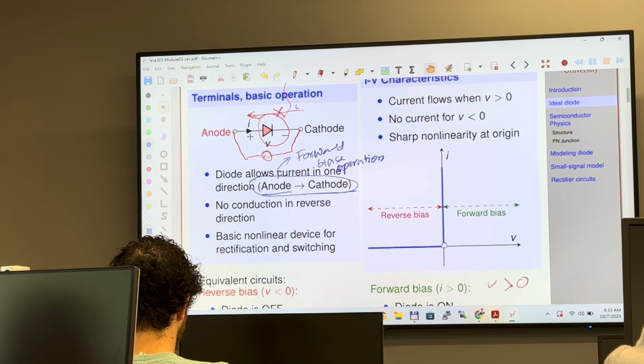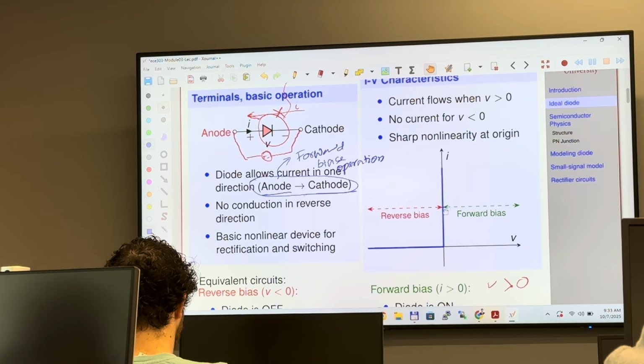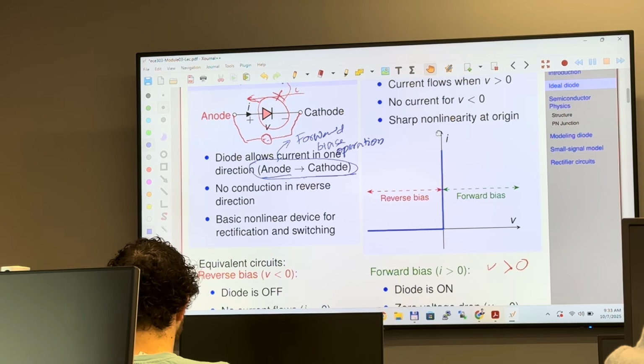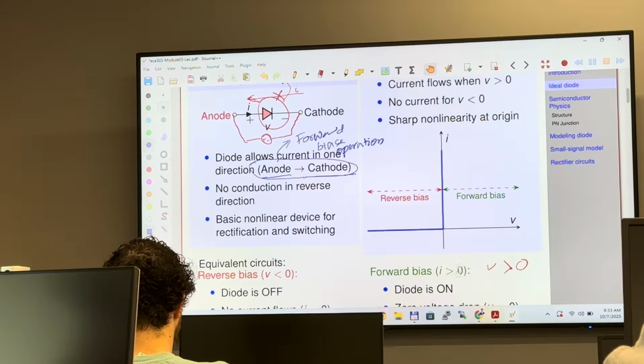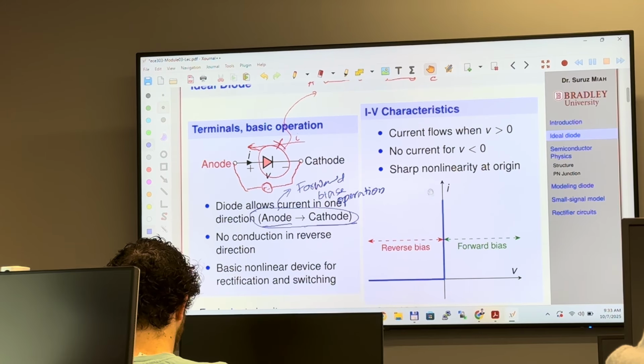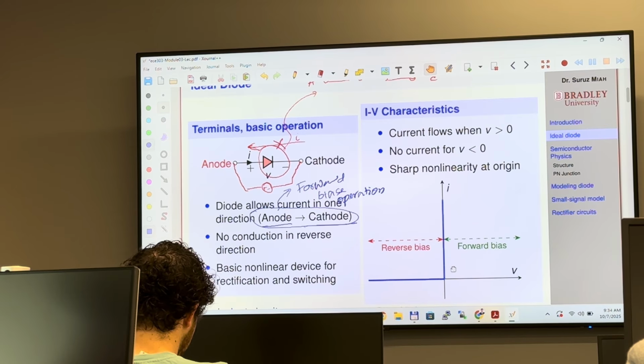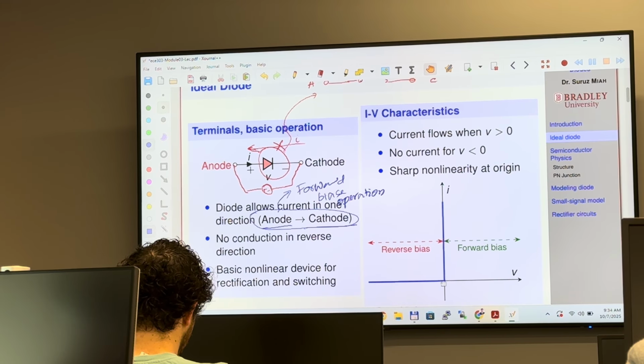If we apply some positive voltage, the current is going to be infinite. This portion is the reverse bias, and this portion is the forward bias. Here, current flows when V is greater than 0, no current when V is less than 0, and there is a sharp nonlinearity at the origin.